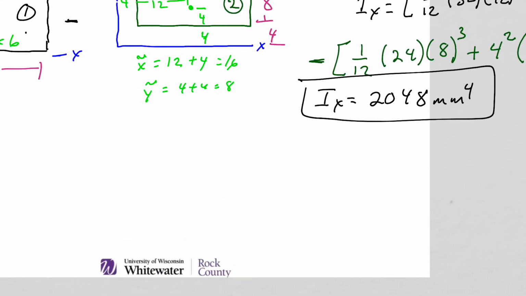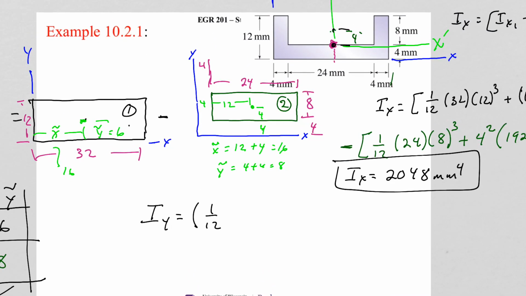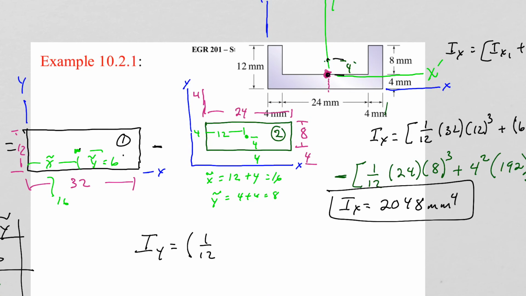Okay, so let's move down here and write our equation. Iy for the first shape is, again, 1/12 base times height cubed. The base I always think of as the one we're going around, so it's really the height in this case. So that is 1/12 times 12 times the height, which for this one is 32, cubed.